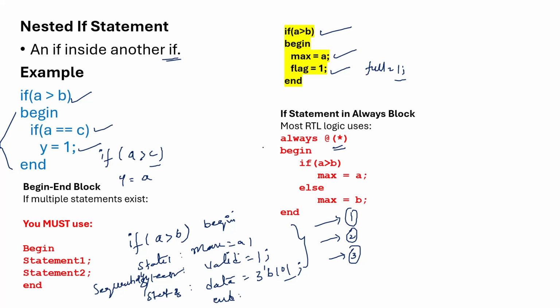Most of the cases we use it on the design side, for behavioral modeling. All these loops, if-else conditions, case statements, whatever you are using, all come under behavioral modeling. Whatever behavioral modeling you are considering, all these things come under it.